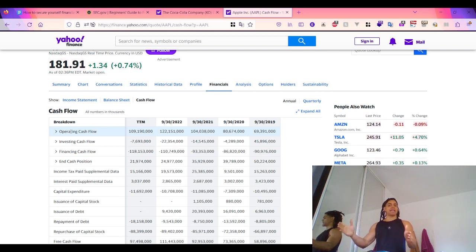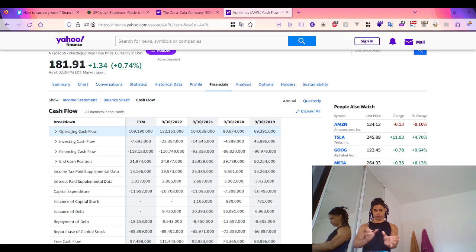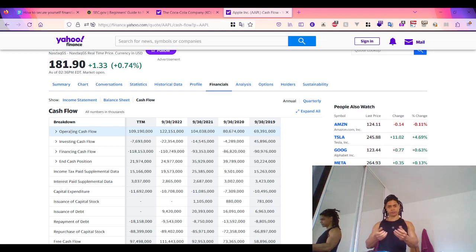And also I look at the cash and cash equivalents, for example, money market funds.